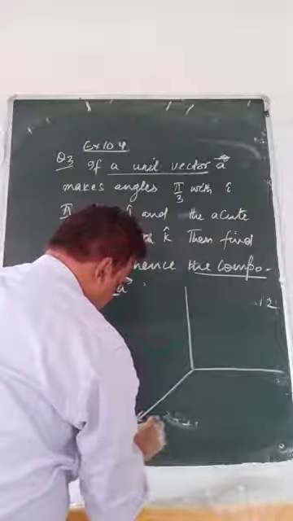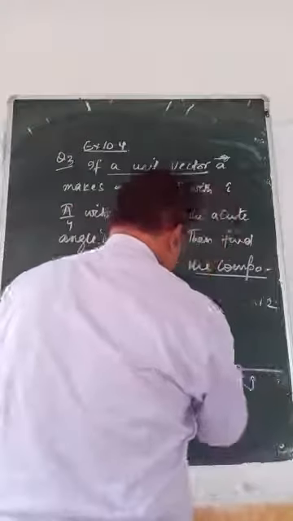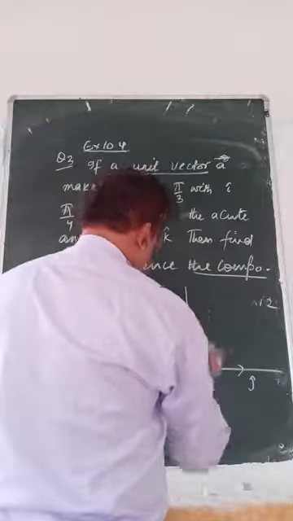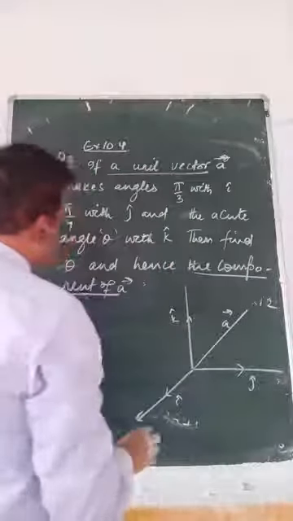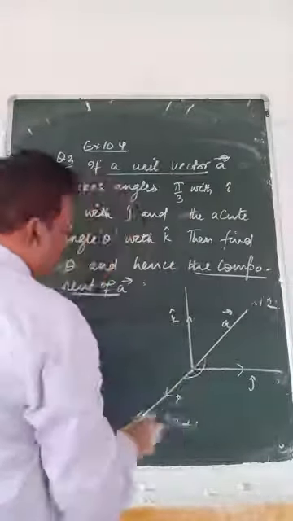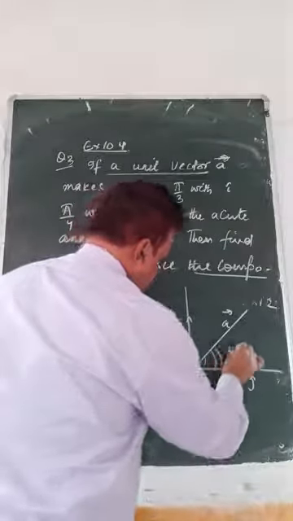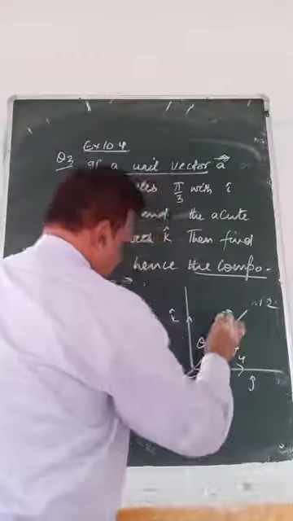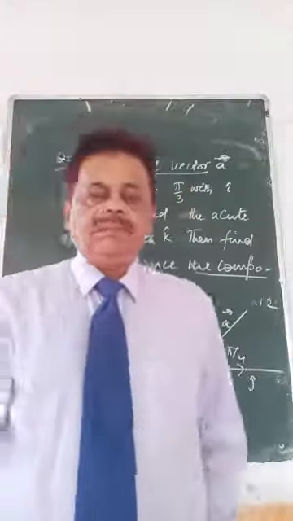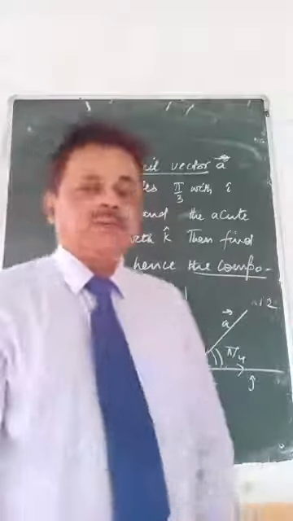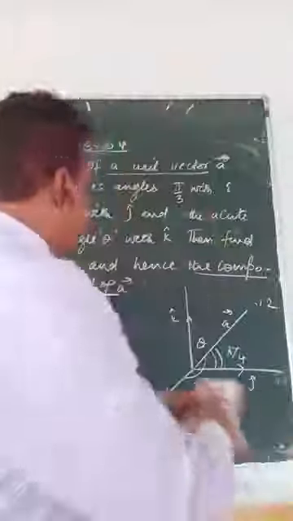If this is I, this is J, this is K, the A vector makes angle pi by 3 with this, pi by 4 with this, and this is theta. Actually this is a question related to dot product, not cross product. So we'll try to solve here.